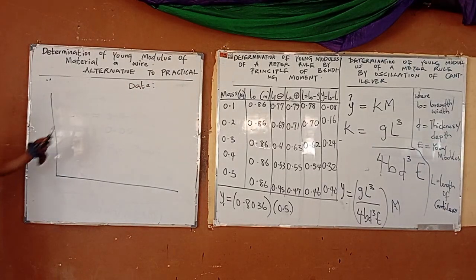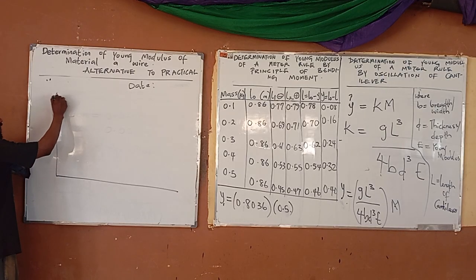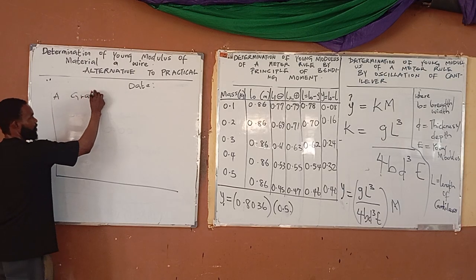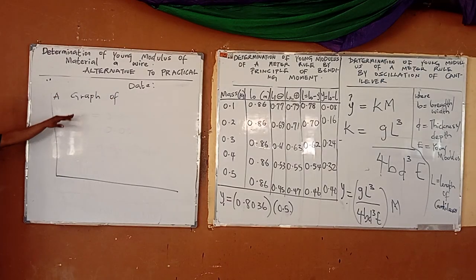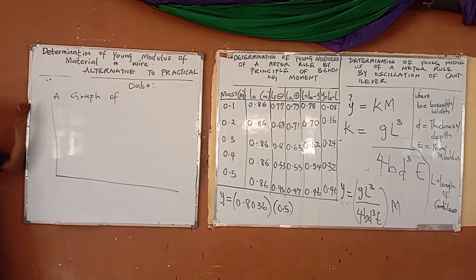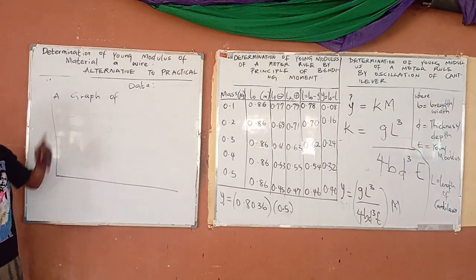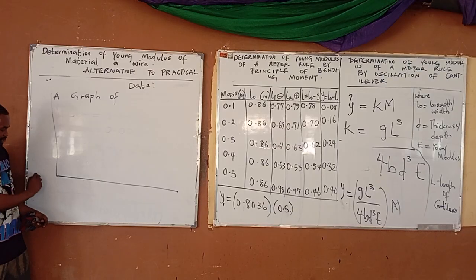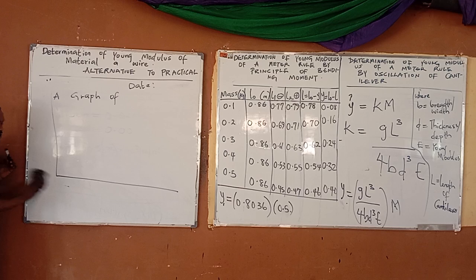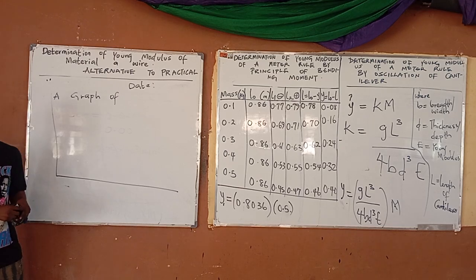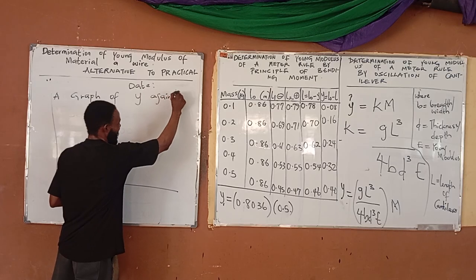Very important. After writing the date, the next thing is to write the title of your graph. A graph of... On the graph, above it, you have space for writing something. So a graph of, let's say you have mass against extension. You don't come here and write, see what some people normally do, graph of y against x.